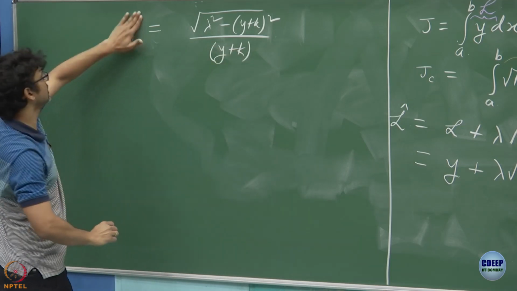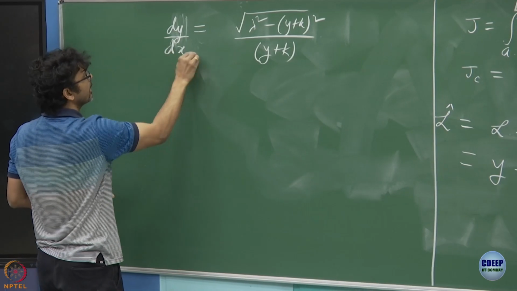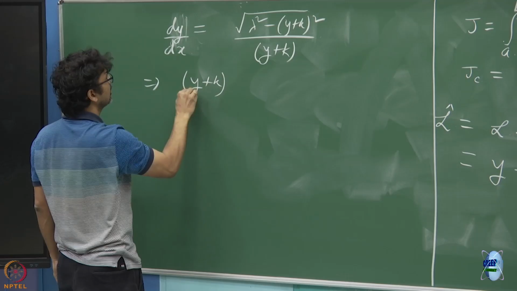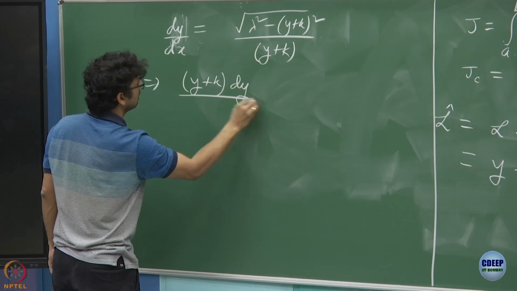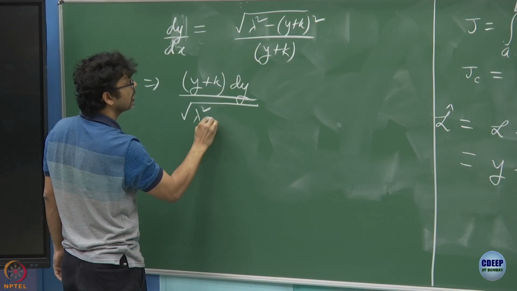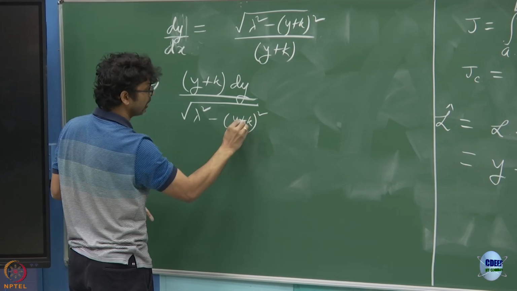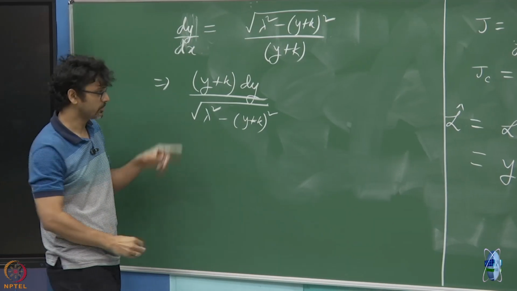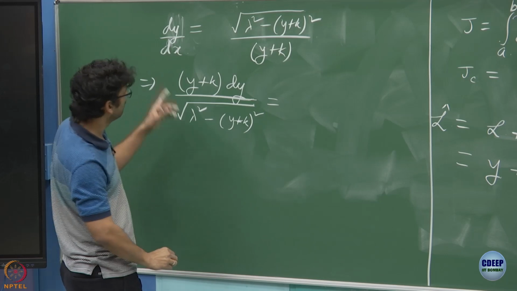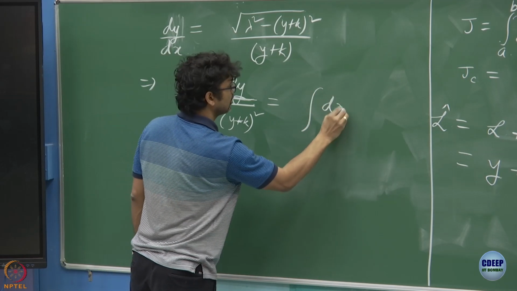So let's just replace this y prime with dy dx, which means you have y plus k dy upon square root of lambda squared minus y plus k squared. You can keep the plus or minus sign here, by the way, on this outside of this radical. As we shall see shortly, it will not matter, but if you are a stickler, you can do that. So this is integration dx.